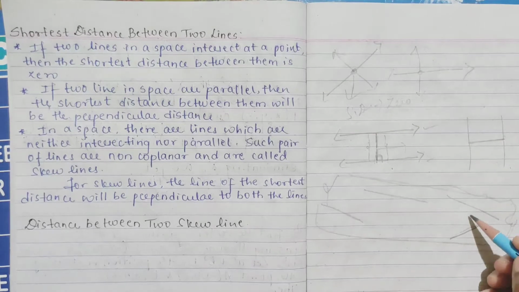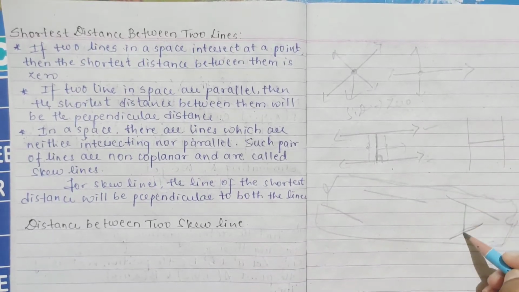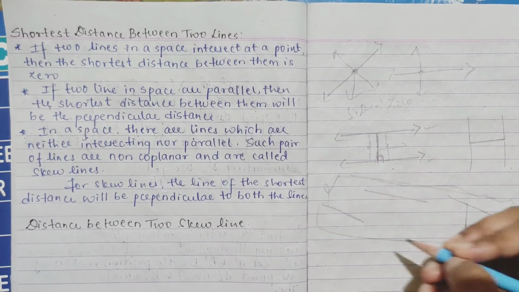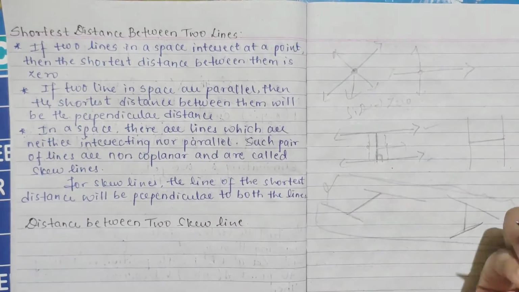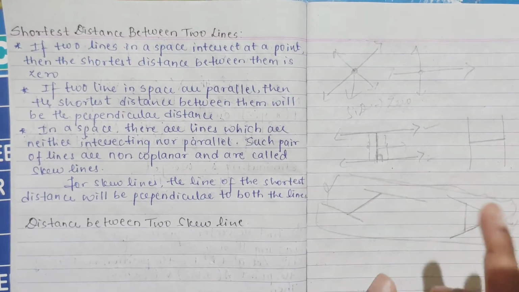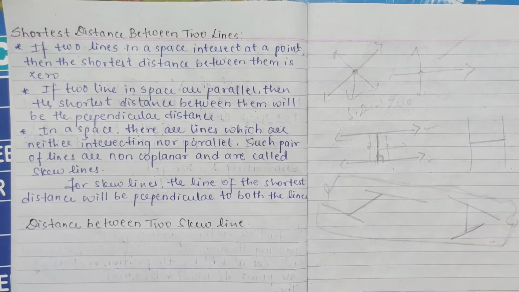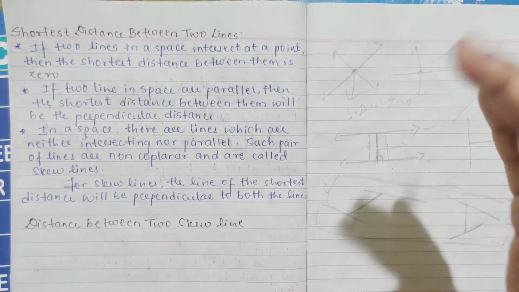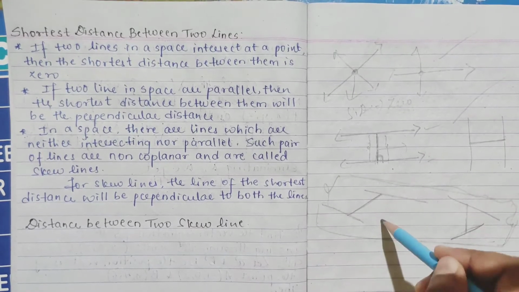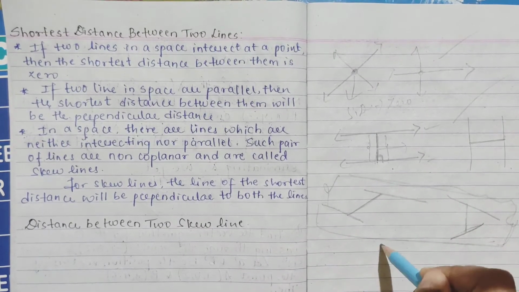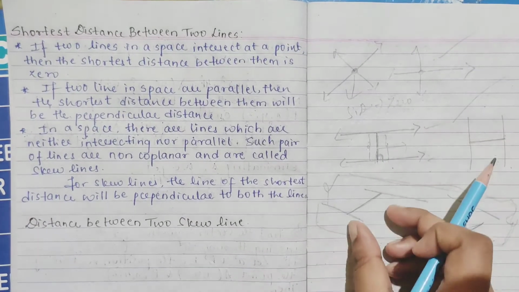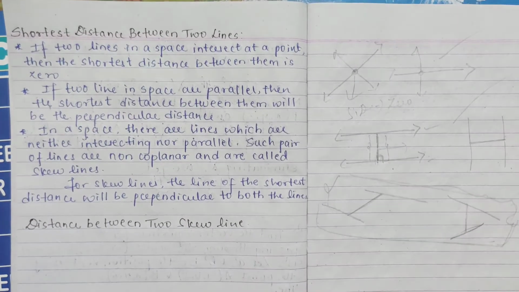For this also we will draw a perpendicular. For this also we consider the shortest distance as a perpendicular and we will derive it. I just wanted to show you what skew lines are. This is intersection, this is parallel. Whenever lines neither intersect nor are parallel, we call them skew lines.